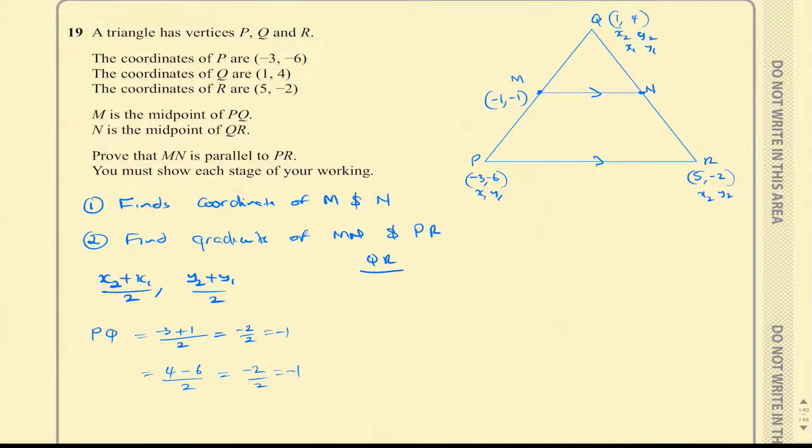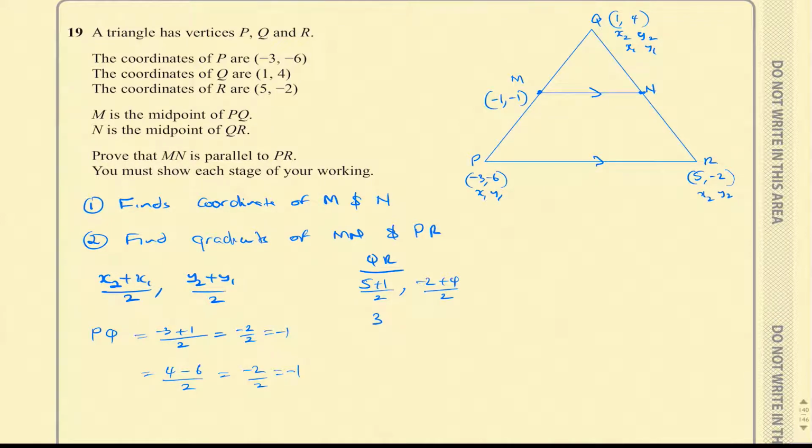The midpoint will be 5 plus 1 over 2 for x, and for y, -2 plus 4 over 2.